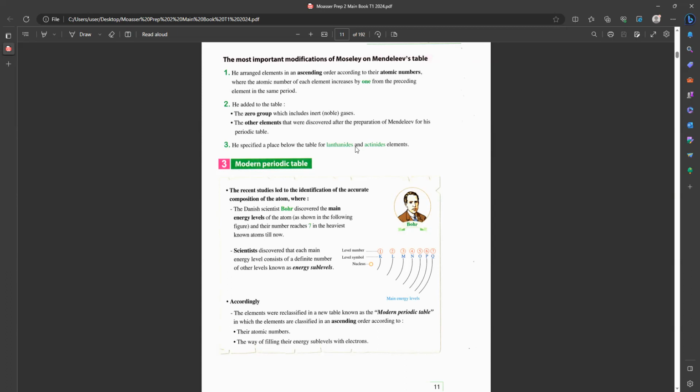And each element increases by one atomic number over the preceding element, the one before it. So he arranged the elements in ascending order according to atomic number, where each element increases from the preceding one by one atomic number.